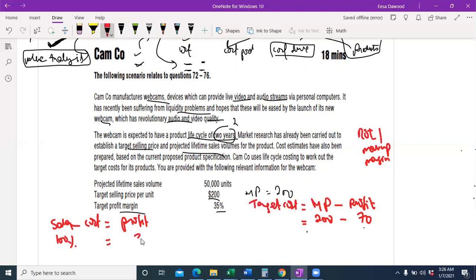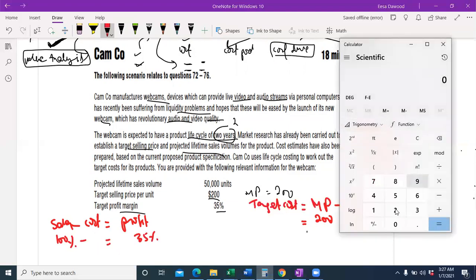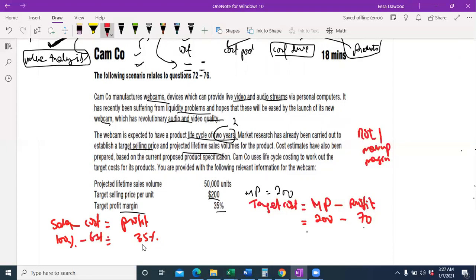And if I know my profit is 35% of sales, the rest would be your cost. 100 minus 35, so 65% would be your cost. So just take 35% of 200, which is going to be 70.